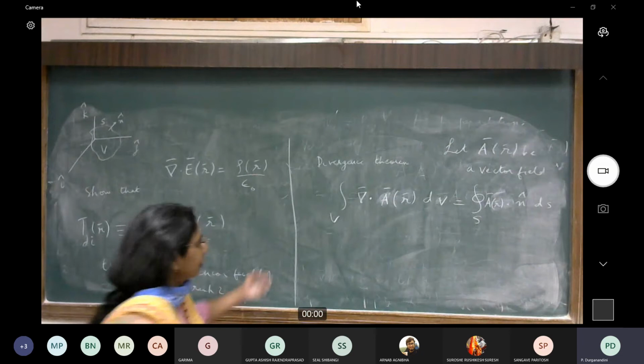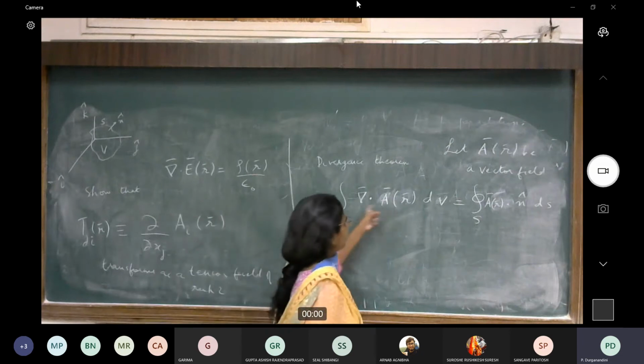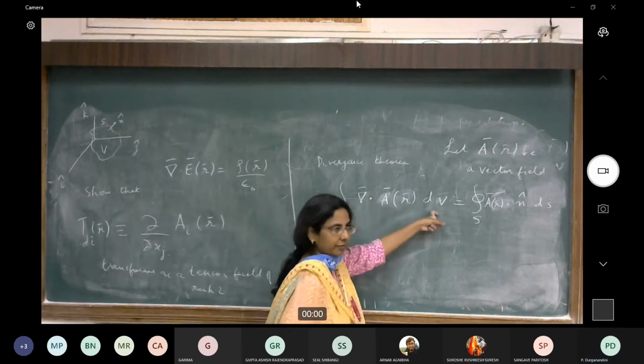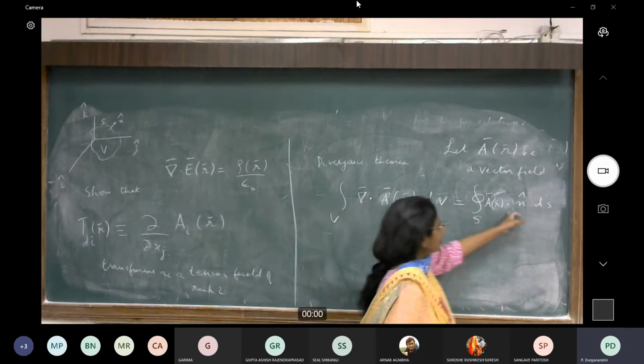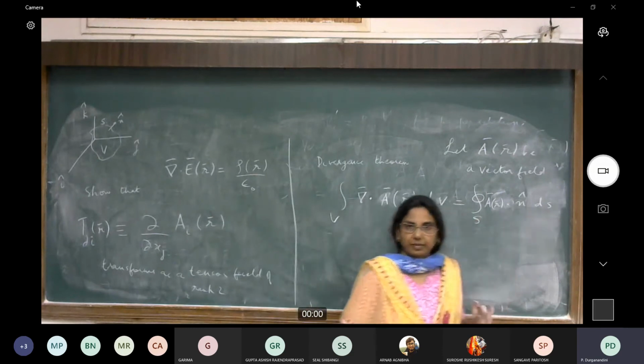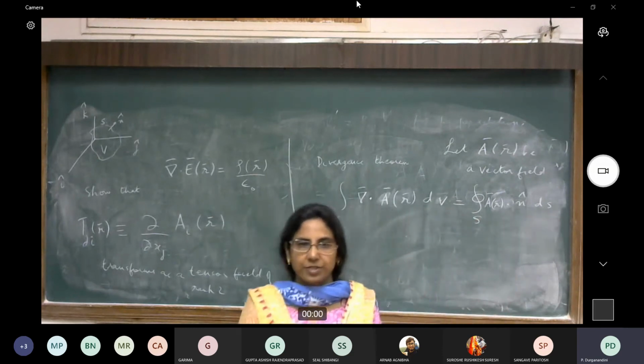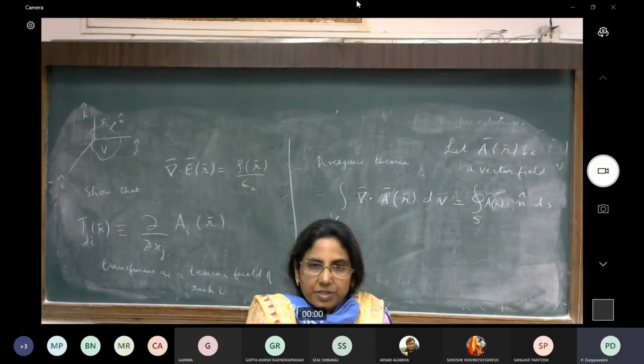So if this was, for example, the electric field, then del dot E dV is going to become E dot N cap dS. And when you solved electrostatic problems, you must have used this, I'm sure.